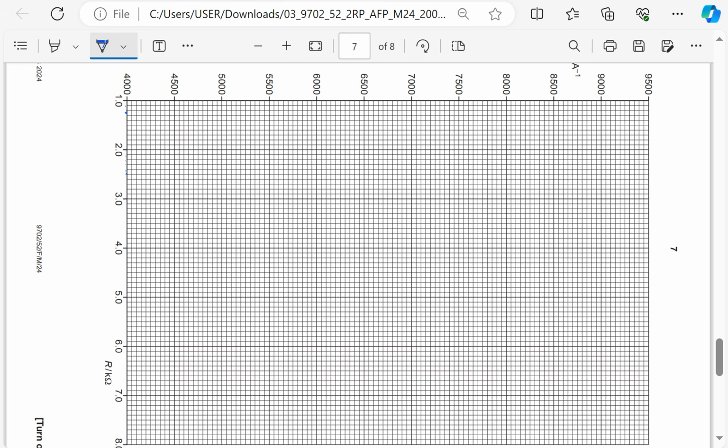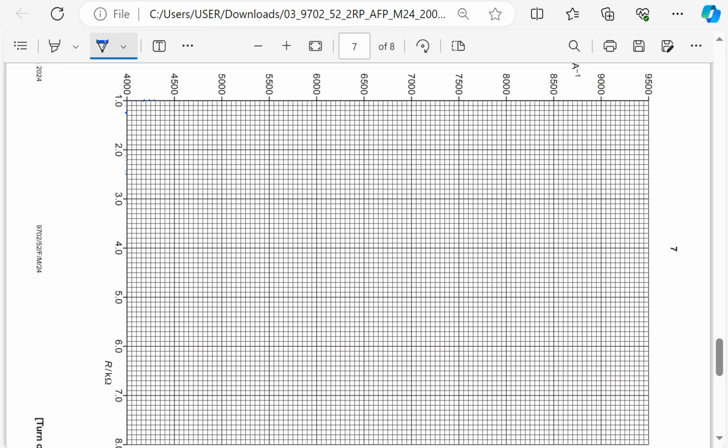On the vertical, the scale is 500 divided by 10, which is 50. So 4050, 4100, 4200, 4250, 4300, 4400. So 4440 could be somewhere in between here.